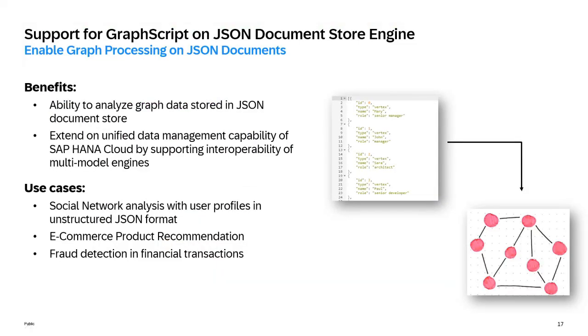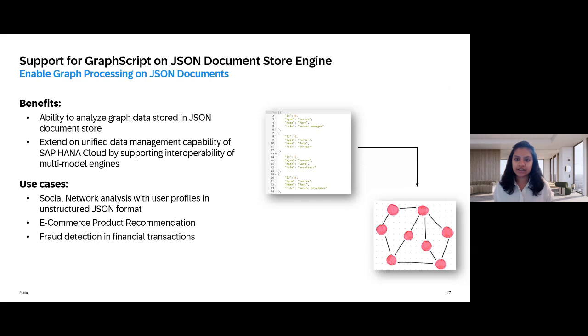Moving on. So we will have a quick look at the benefits and a few of the use cases. Starting off with benefits, like we already discussed, it will allow you to analyze the network, like the graph data that is stored in the form of a JSON document collection in our case.